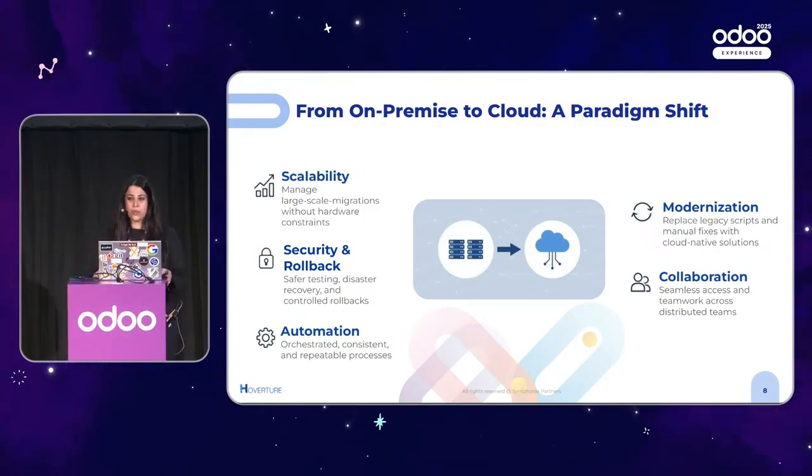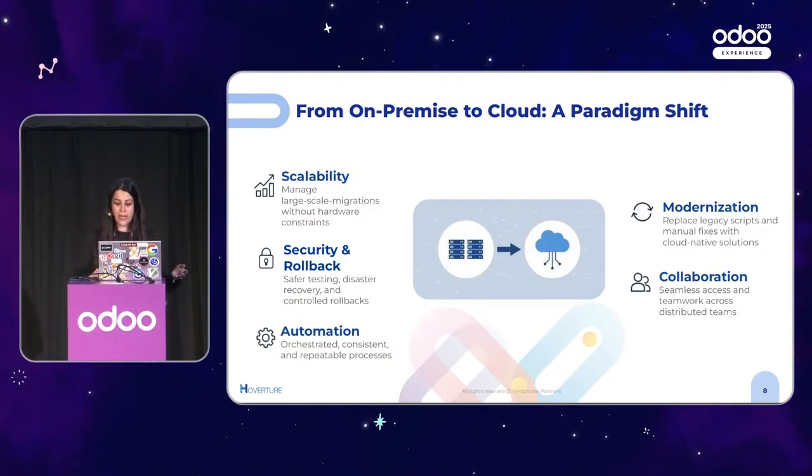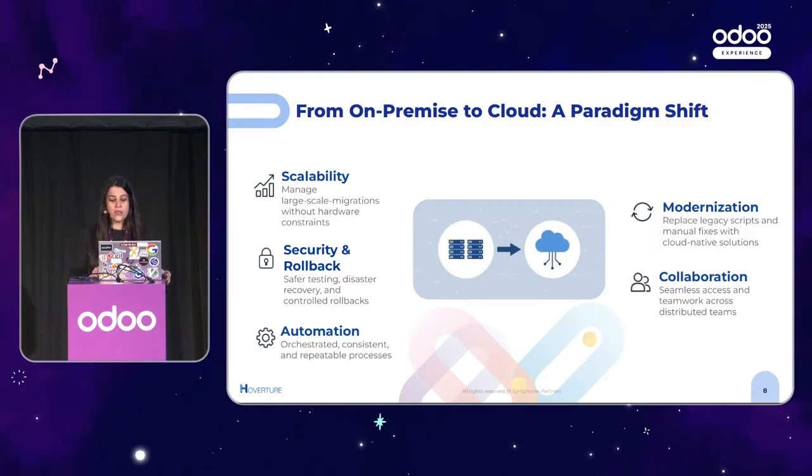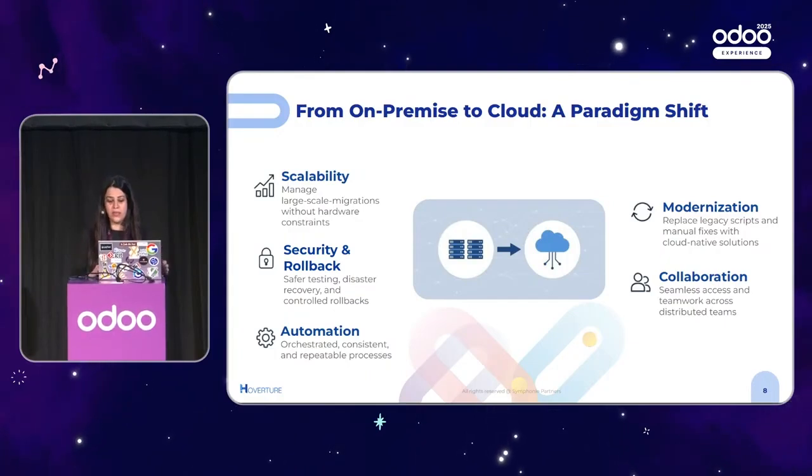You have automation because, with the scalability and cloud-based infrastructure, you can make orchestration and also very sophisticated pipelines. And this kind of paradigm shift brings a modernization of the infrastructures, and also it makes easy the collaboration among teams that are distributed around. So this is the first thing that we made to try to make a data migration successful.